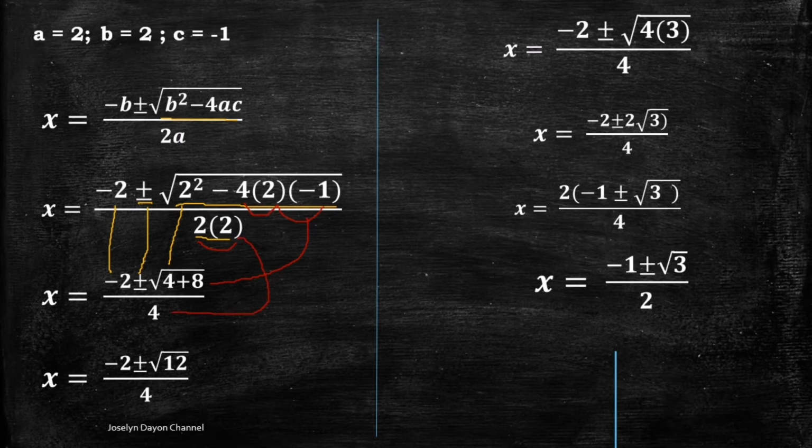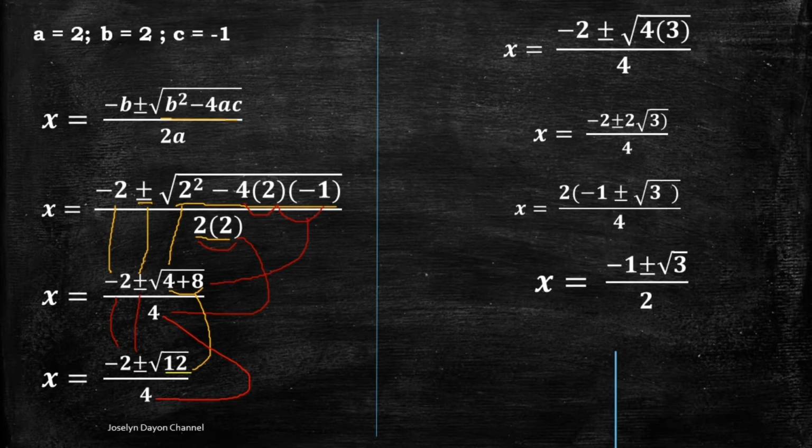Next, copy negative 2 plus minus square root of, combine 4 and 8, the answer is 12. Then just copy the denominator 4. Now we have to extract the square root of 12.